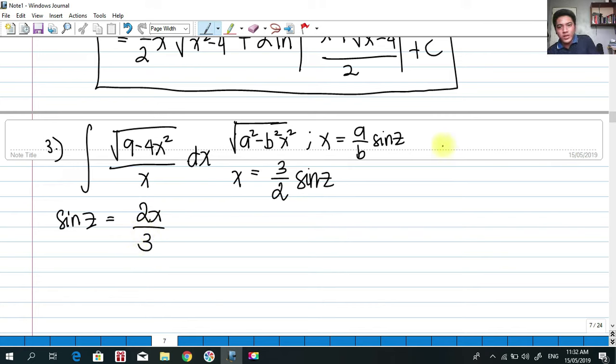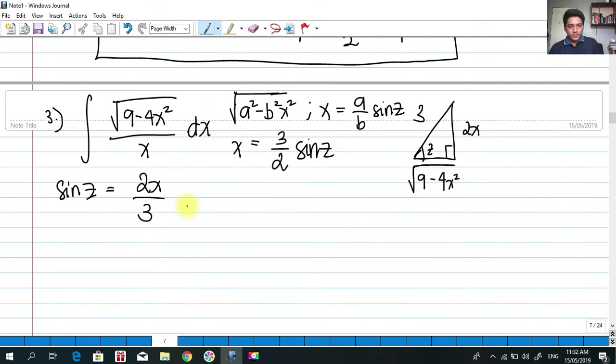If we draw the right triangle of that, this is the hypotenuse, this is our angle z here. The opposite side of z is 2x, over hypotenuse 3. So this adjacent side is, I'm pretty much sure, square root of 9 minus 4x squared.